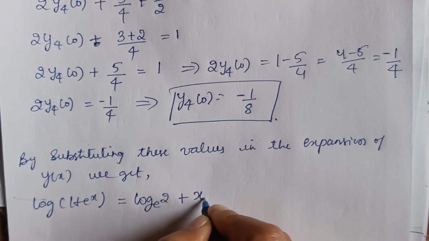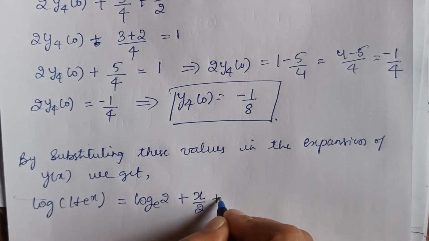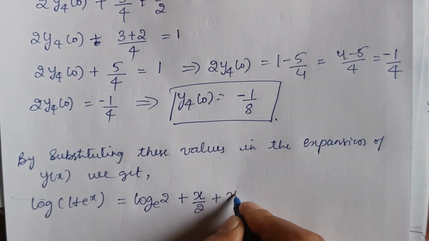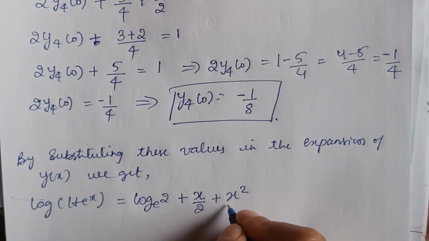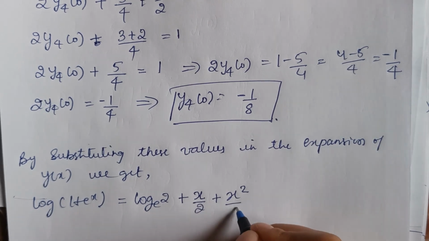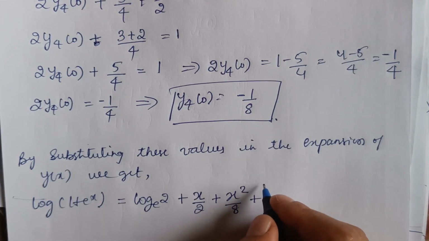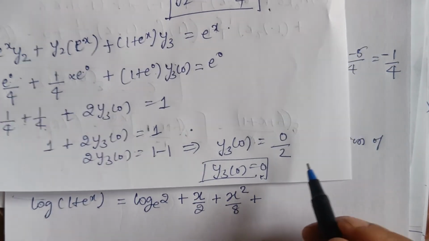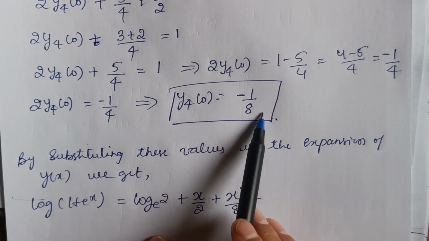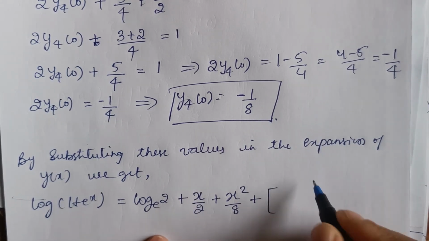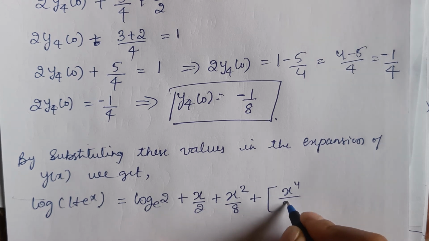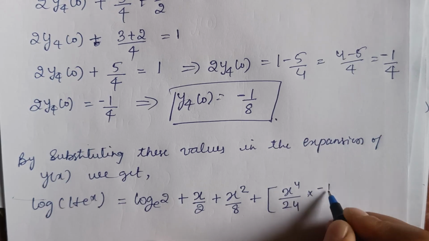X is x, y1 of 0 is 1 by 2, so x by 2 plus x square by 2 factorial y2 of 0. So x square by 2 factorial is 2 itself, and what is y2 of 0? Y2 of 0 is 1 by 4, so it is going to be 8 plus x cube. So x cube will get cancelled out because y3 of 0 is 0. So if you multiply anything with 0, it becomes 0 only. Right? Now y4 of 0, it is minus 1 by 8. So I can write it as x to the power 4 divided by 4 factorial. It is nothing but 24 into minus 1 by 8.